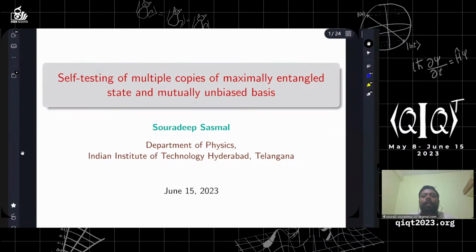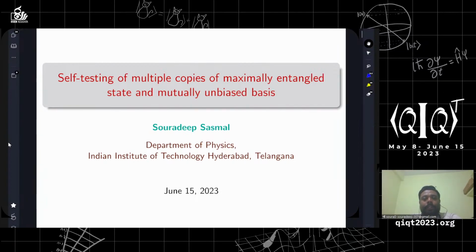Today I will be talking about self-testing of multiple copies of a maximally entangled state and mutually unbiased bases, that means, in a lucid way, anti-commuting measurements. First I will introduce what self-testing is, and then why it is difficult to self-test multiple copies of maximally entangled states, because a single copy has been self-tested and nowadays it is very simple to do.